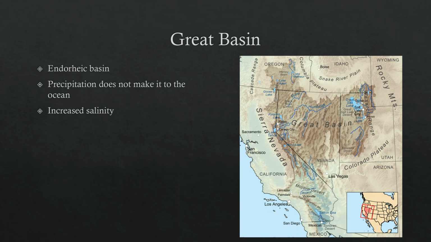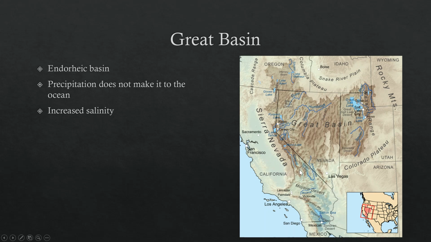We also have something called the Great Basin, which is something called an endorheic basin, which you would learn a lot about in a physical geography class. But the idea is that in the Great Basin, all of the precipitation that falls within the Great Basin does not make its way to the ocean. And so the reason that the ocean is salty is because as it rains, that rainwater picks up salts and minerals from the ground.